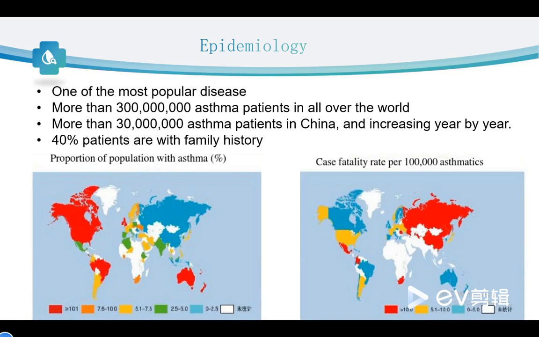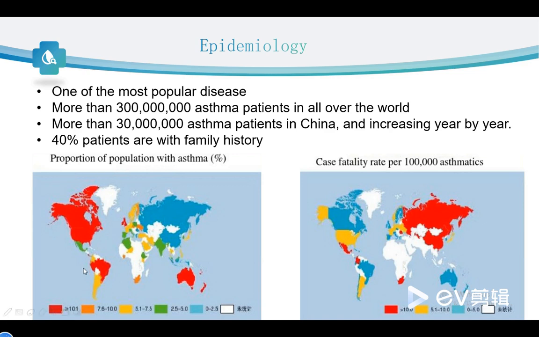This page shows the epidemiology of the asthma. Asthma is one of the most popular diseases, and nearly 40% patients are with family history. Let's look at these two pictures. The first picture shows the proportion of the population with asthma.